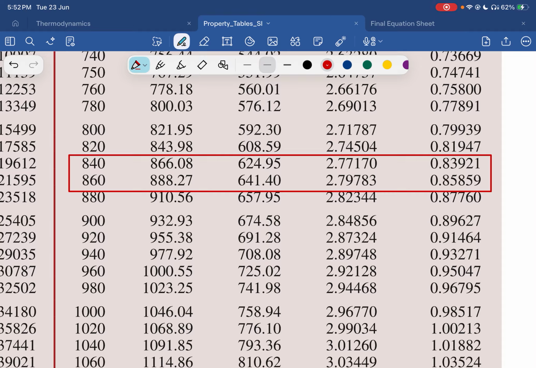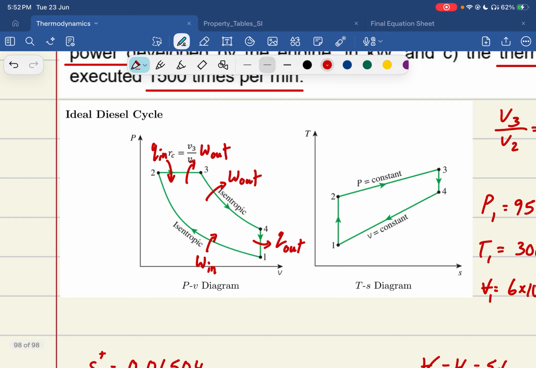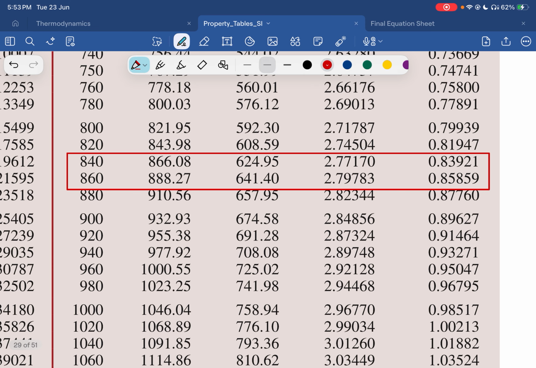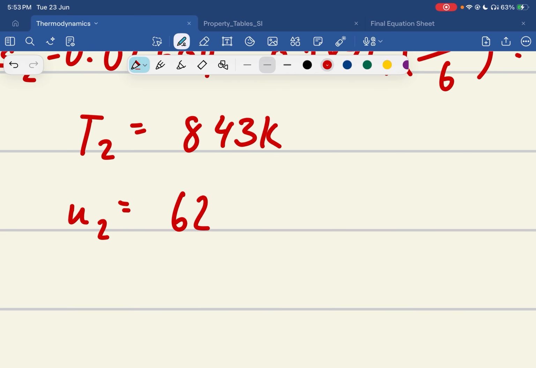So our temperature T2 would be 843 Kelvin, and our internal energy would be 627.53 kilojoules per kilogram.